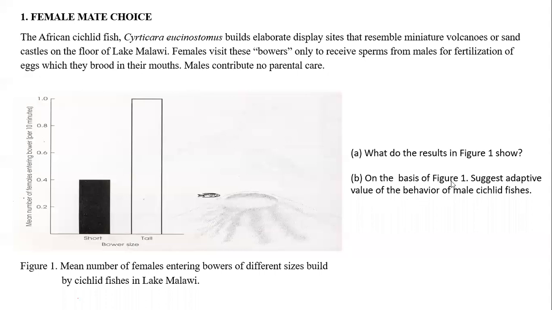We will remember that the adaptive value or function deals with either survival or reproduction or both. So when we do that, we'll have answered the question of the trend itself. We didn't interpret, we just drew out the trend. And then lastly, we answered the question according to what we have been asked.